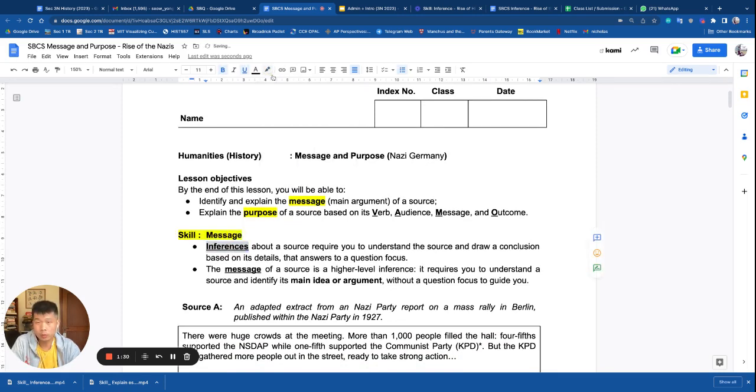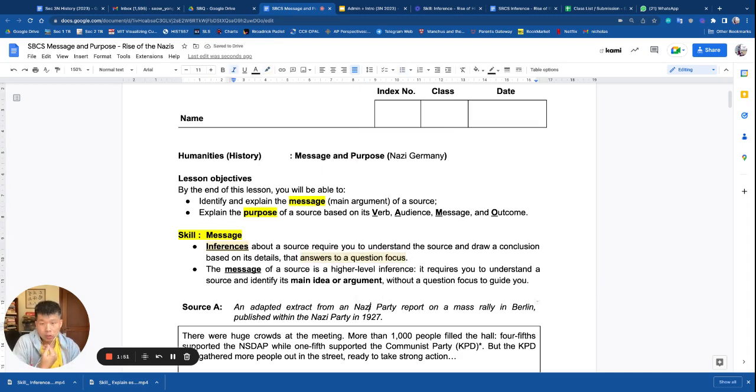When we look at inference, which was our previous lesson, we said that it was a guess, it was a conclusion based on the question focus, right? So we said that the inference is what the source says with regards to a question focus. It's a guess, it's a conclusion.